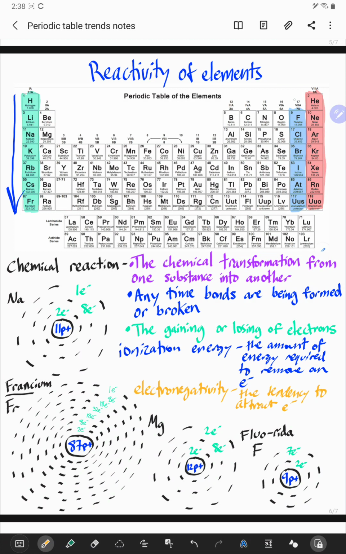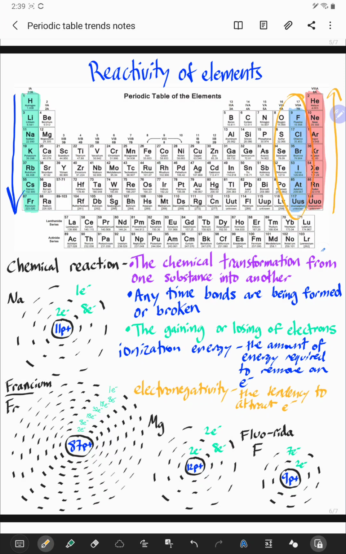So for group 7 elements, the reactivity is going to increase as we go up. So fluorine is the most electronegative atom or element on the entire periodic table. So it is the most reactive of the group 7 elements, the halogens.